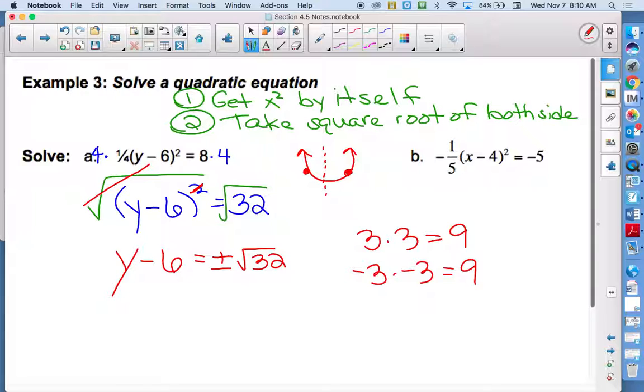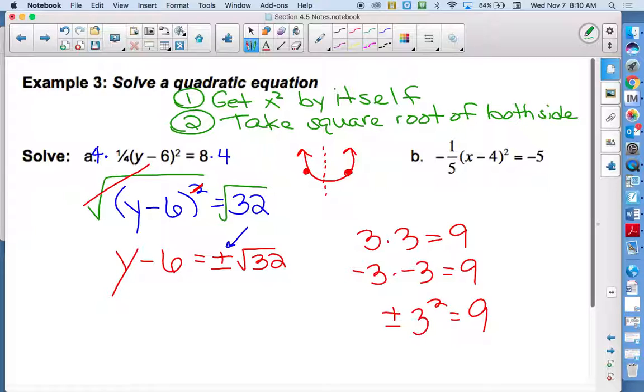So we would say plus or minus 3 squared could be equal to 9, because both of those numbers work. That accounts for the negative side of a parabola and a positive side of a parabola. Or 2 times 2 is 4, but negative 2 times negative 2 is also 4. So that's how that plus or minus gets inserted into the problem, so that we're really thinking about a parabola and what a graph looks like, and it has a left and a right side.